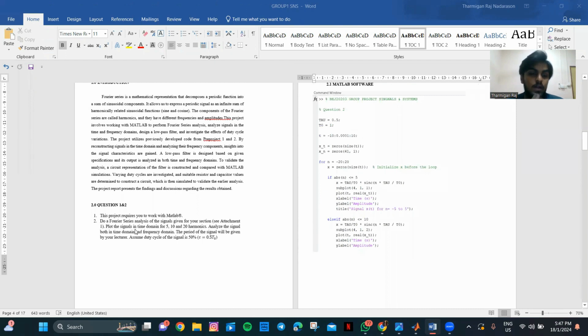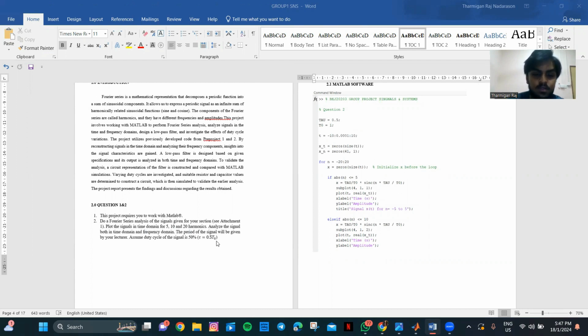For questions one and two, we are asked to do a Fourier series analysis of the signal given, and we should plot the signals in the time domain for 5, 10, and 20 harmonics. We should analyze the signal in both the time domain and the frequency domain.